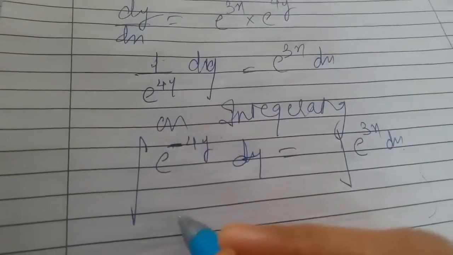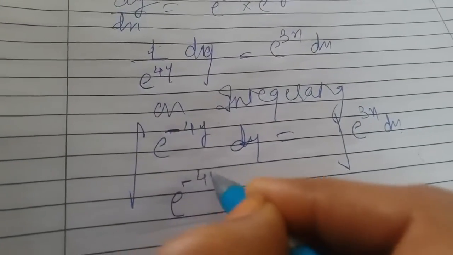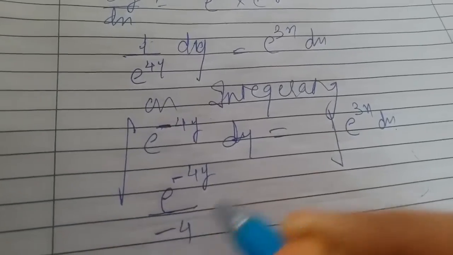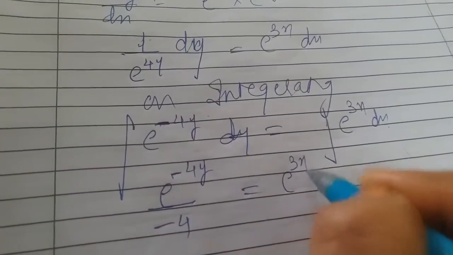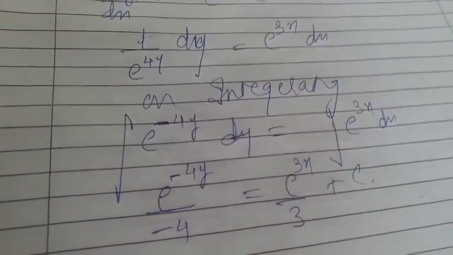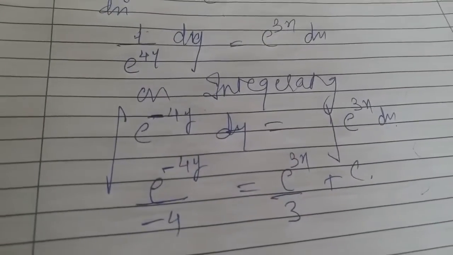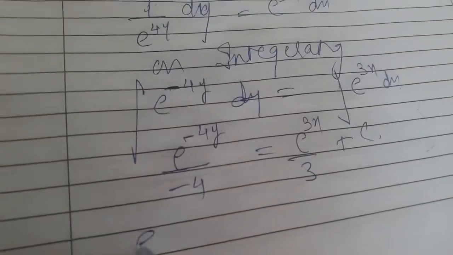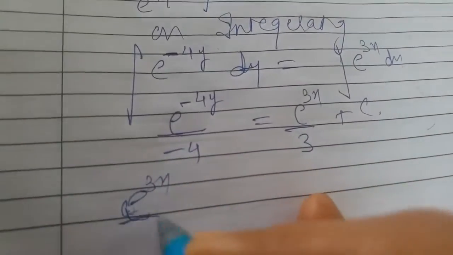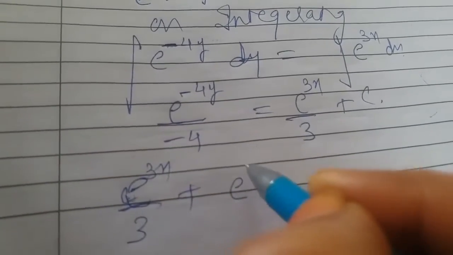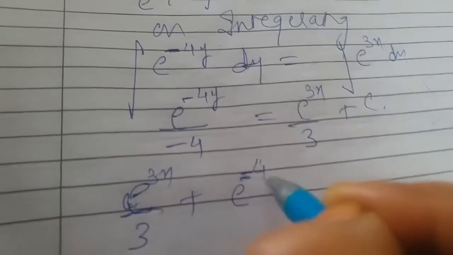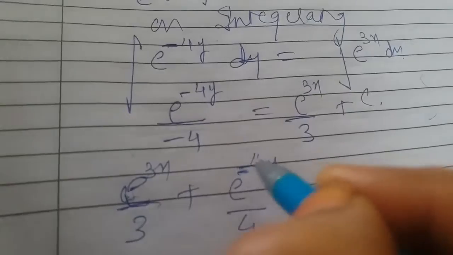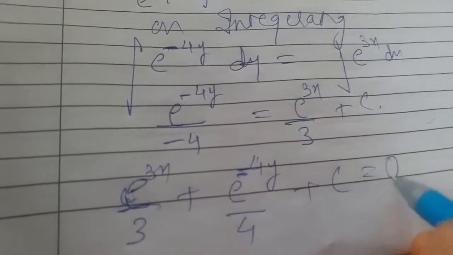What is the integration of it? e to the power minus 4y upon minus 4 equals e to the power 3x upon 3 plus c. That will be your answer. Shifting to the right side, it is e to the power 3x upon 3 plus e to the power minus 4y upon 4 plus c equals 0.